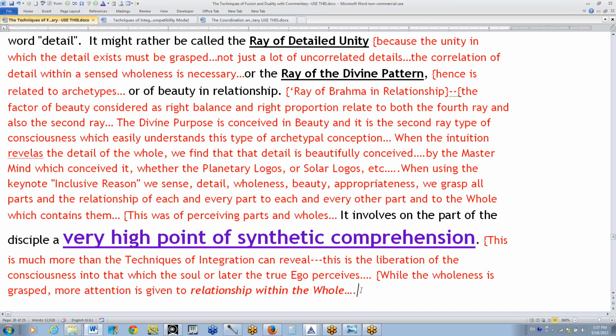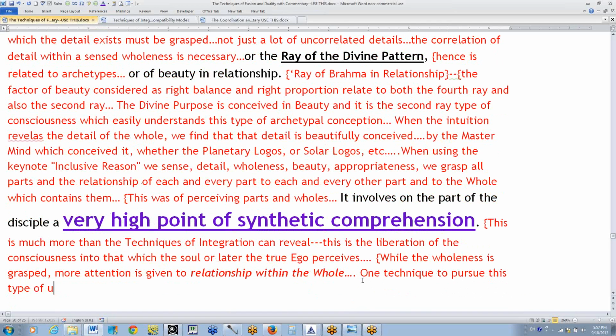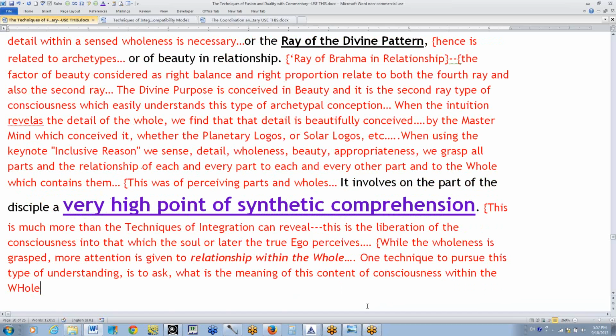So one technique to pursue this kind of understanding is to ask, what is the meaning of this content of consciousness within the whole, within the context in which it is placed?